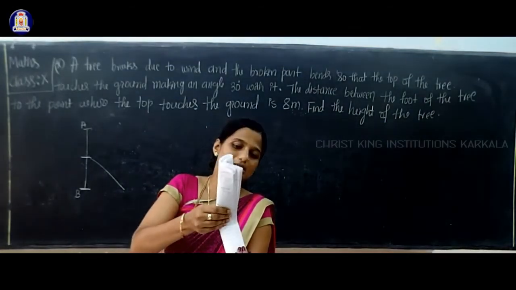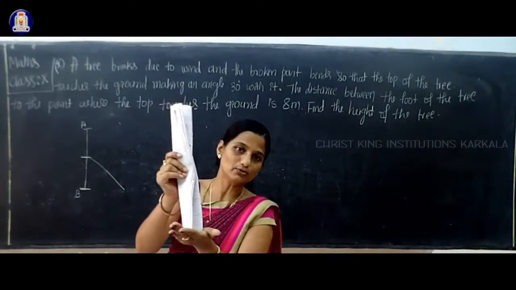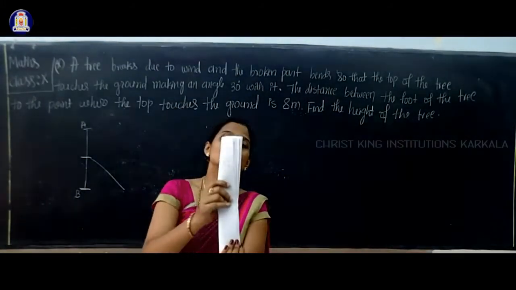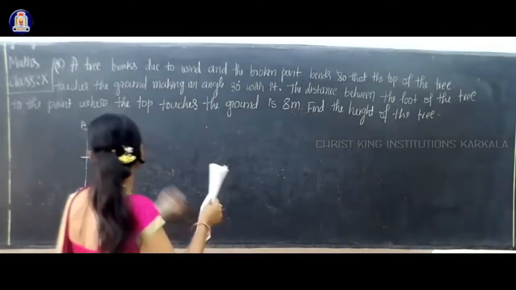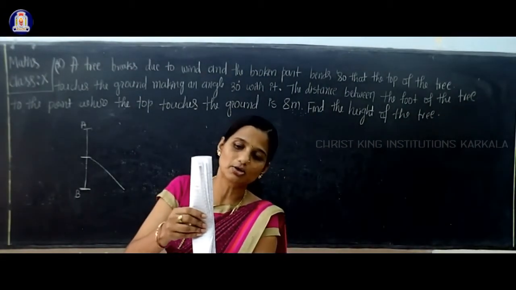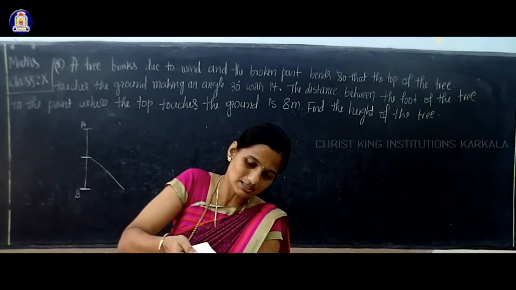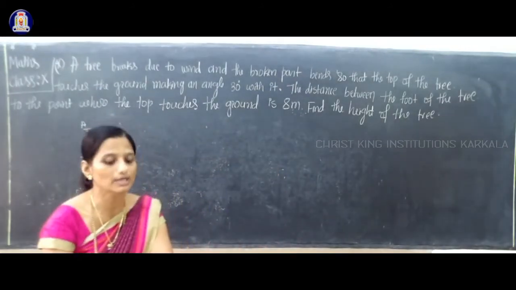It breaks like this. This is the top of the tree and this is the foot of the tree. It is on the ground. Clear? Because of wind it breaks and the top of the tree touches the ground. Top of the tree touches the ground means now it breaks like this, and it touches the ground. Understood no? So that only I drew here.